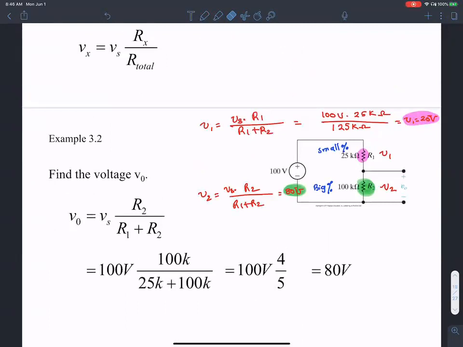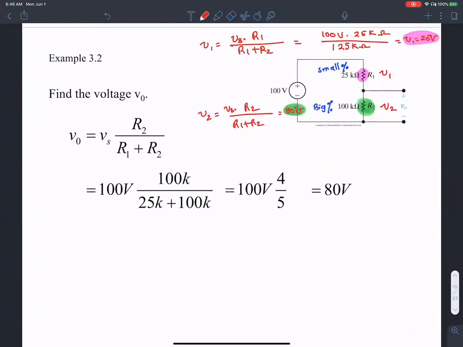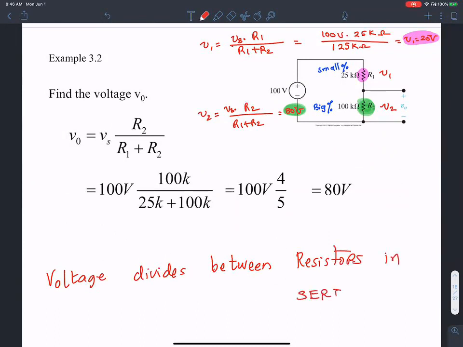So just like the voltage divided between two resistors in series, voltage, let me put it right here. Voltage divides between resistors in series. Ignore the typo at the end.